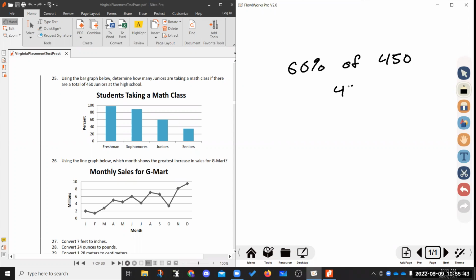So this is going to be 450 times 0.60. It's going to be 270 juniors enrolled in a math class out of the 450 juniors. A little bit more than half, right? Okay.